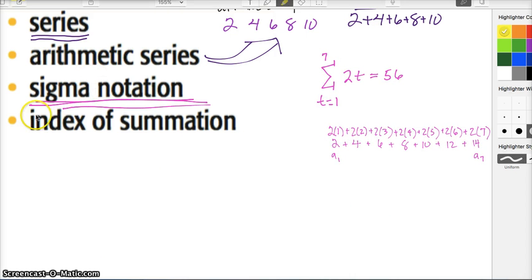And finally, the index of summation is this variable right here, the reference variable in a sense, that we're using to let you know which t values from 1 to 7 that we're using.